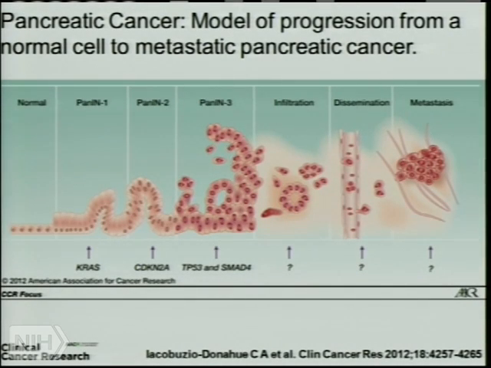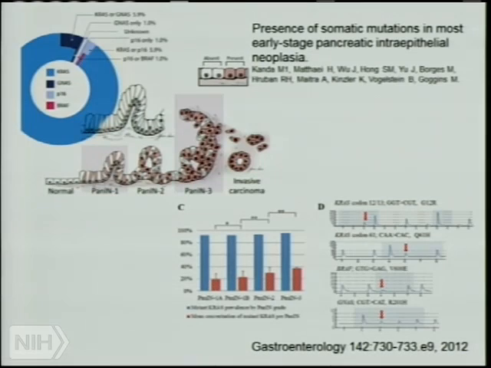Then moving on to pancreatic cancer, this is different from colorectal cancer, different from lung cancer, in that when people have really tried to look very early, when it's just the dysplastic epithelium, when it starts to be what they call an in situ PanIN in the very earliest point, you already see KRAS mutation. So this is either true and the first mutation, or something hasn't been found that needs to be found. But I think it is accepted that in pancreatic cancer, the first mutation is the KRAS mutation.